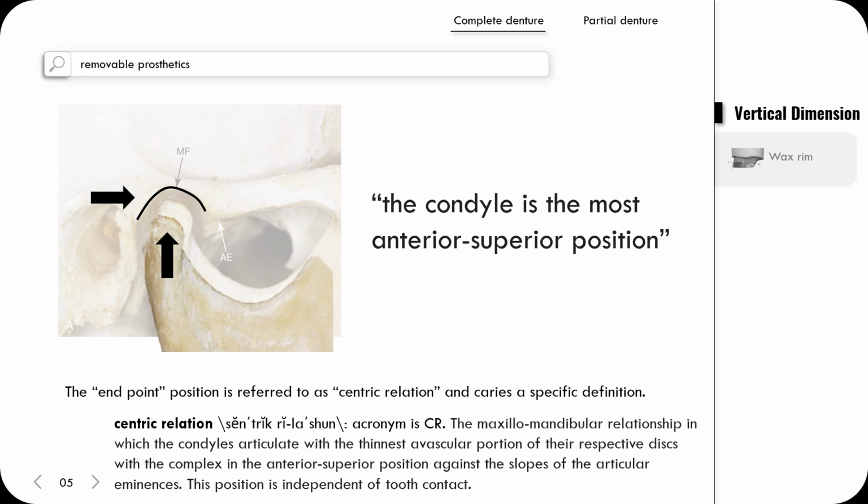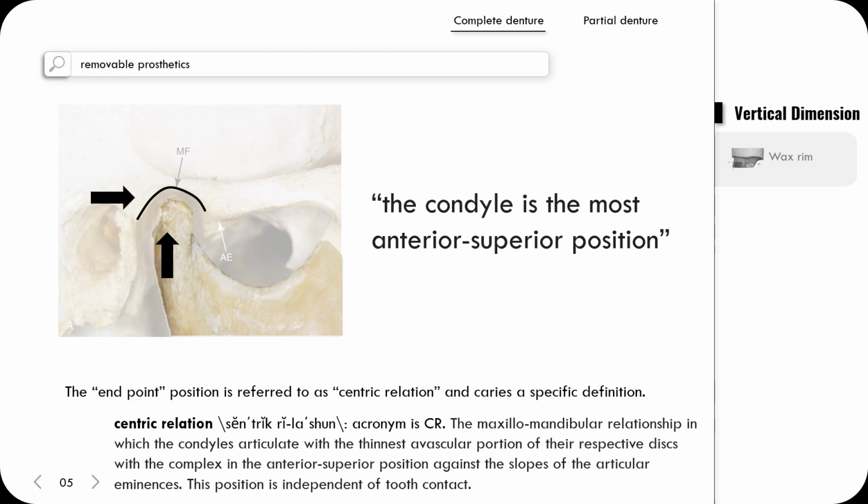So if you were to take that condyle and gently push it up and back, if you start to seat that condyle, then we could actually help guide that condyle into the endpoint position by pushing on the mandible. When that happens, the condyle has a tendency to rotate up and forward, so that ends up in that most anterior superior position. Okay.